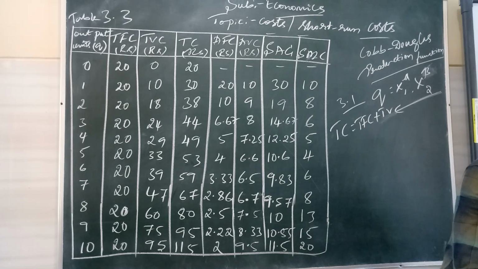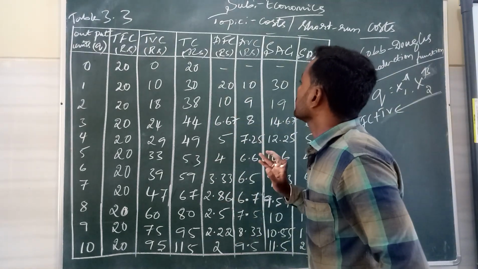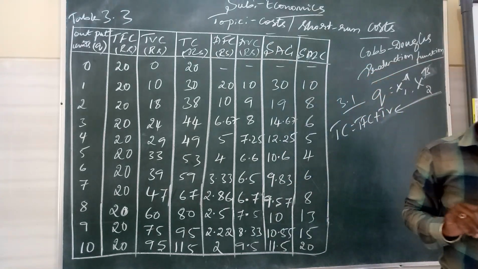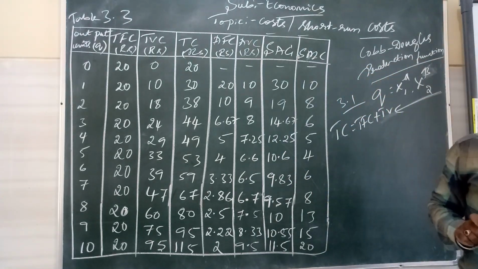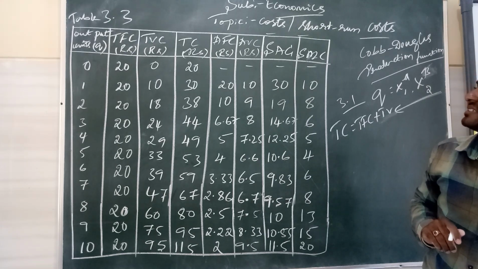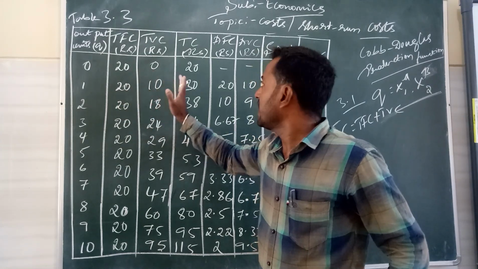Then short run average cost, SAC. First, line by line, we discuss AFC. How can we calculate AFC, average fixed cost? We have already discussed TFC, TVC and TC.